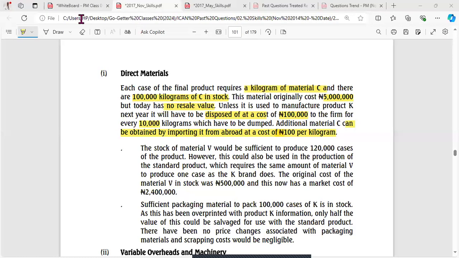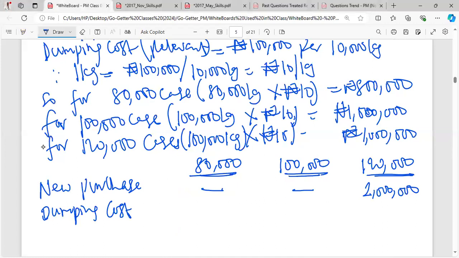All right, I'm back. Now, dumping costs. This is dumping cost saved because they are not going to dump it if we use it for this project. The 100,000 kilogram of material C in stock will be wasted.